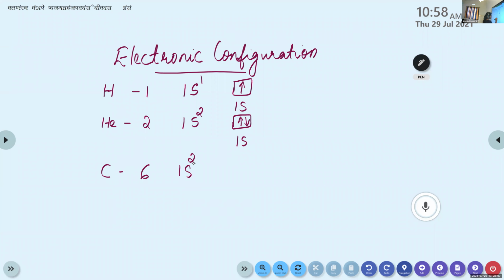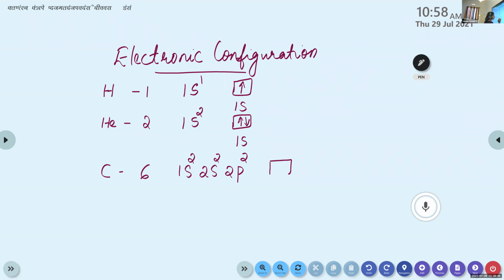1s2, then 2s2. Now already 4 electrons are filled. You have to remember in s orbital, the maximum number of electrons is 2. Okay, so 1s2, then 2s2, 2p. How many electrons are there in 2p? 2. Yes, 1s2, 2s2, 2p2.